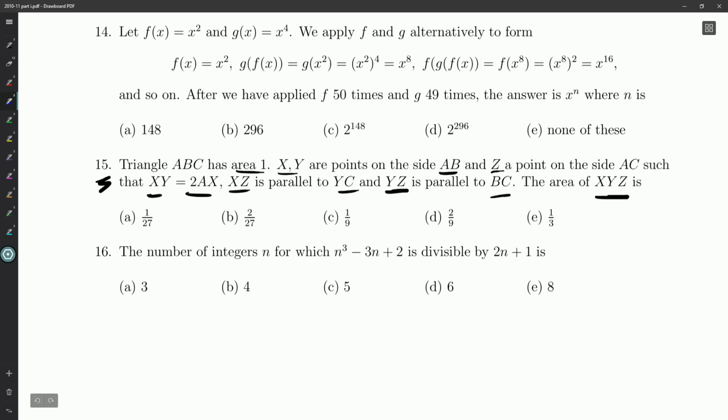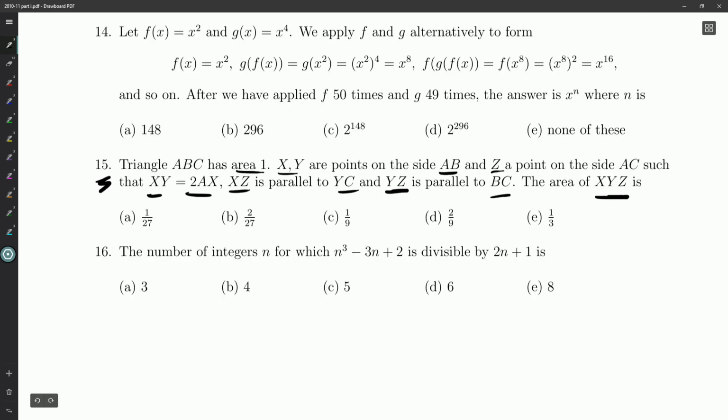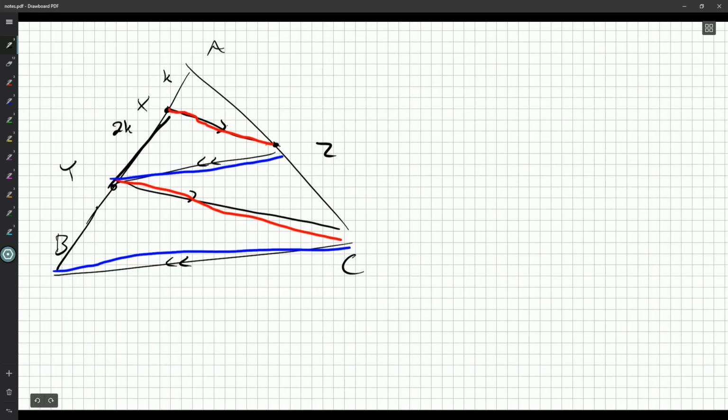We don't have any other length information, do we? We do know the triangle has area 1, so I have a feeling we're going to use the ratio between this K and this 2K as 1/2. I'm going to predict the answer is a quarter or something like that. Now, it looks like everything's in terms of thirds, so I might not be so lucky.